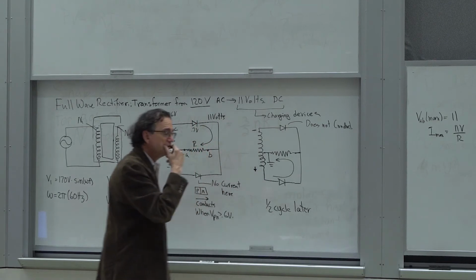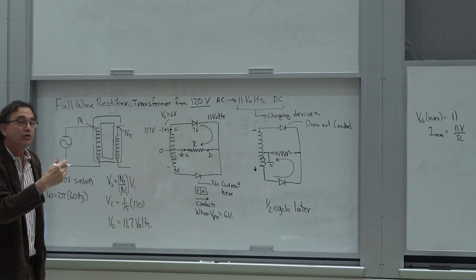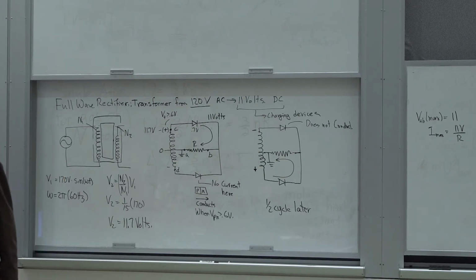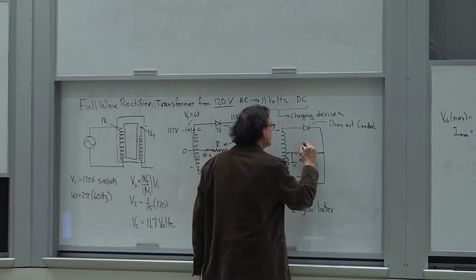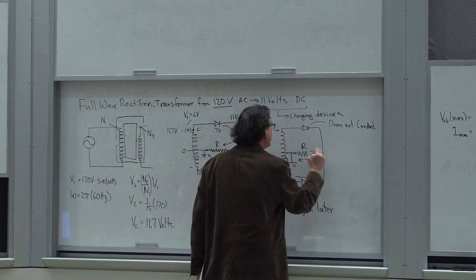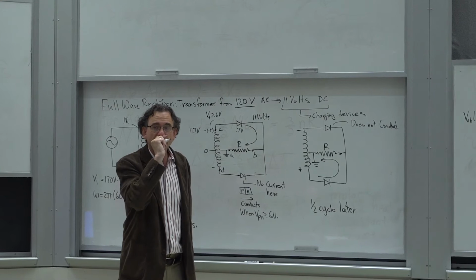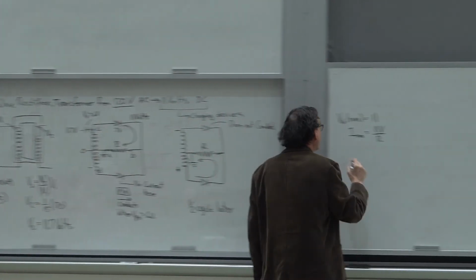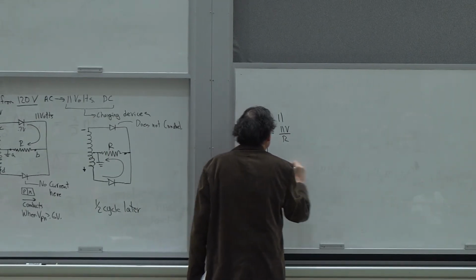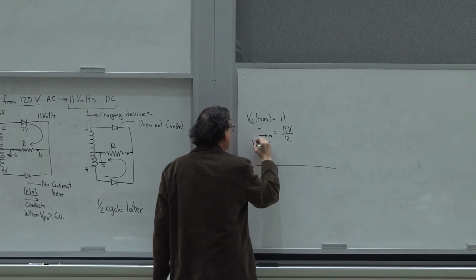So what happens is that regardless of whether the phase of the sine wave is positive or negative, I will still get the same direction of current through the resistor, and therefore the potential drop across here is always greater than 0. Furthermore, if I were to draw this rectifier's response, this is VAB.